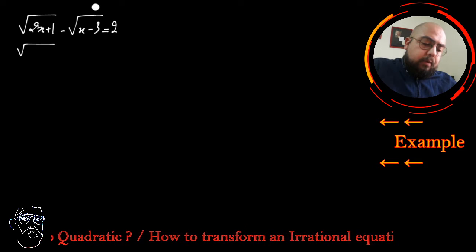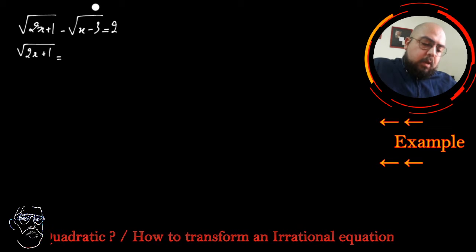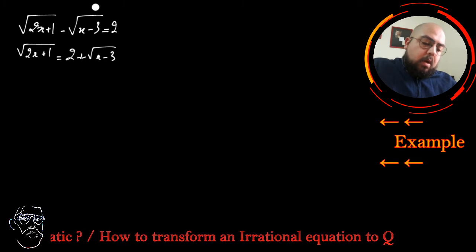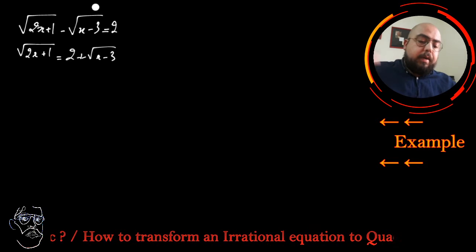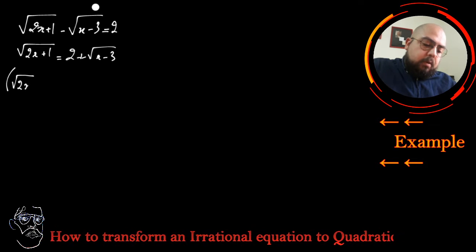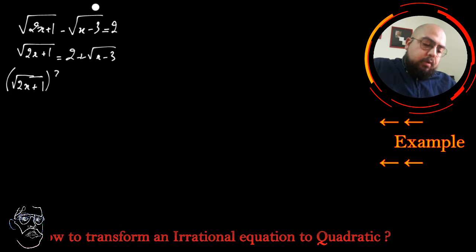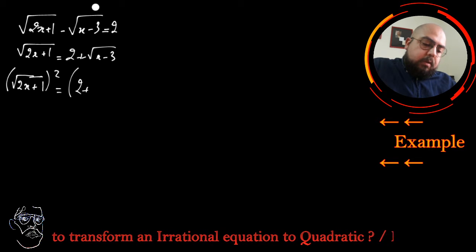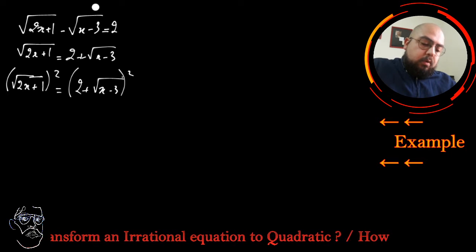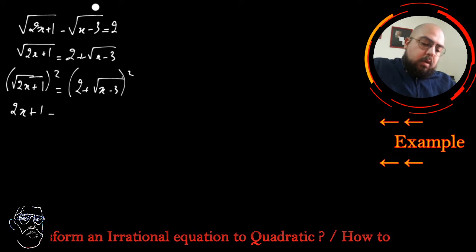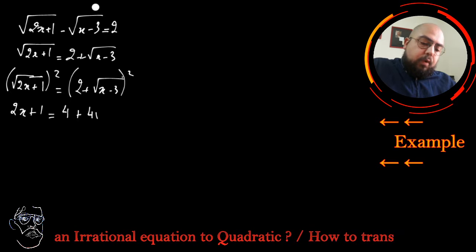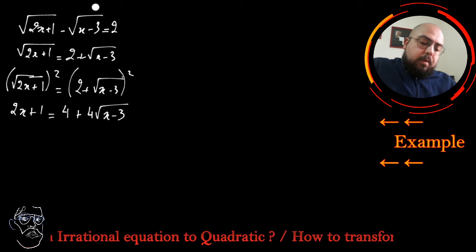So it will be the square root of 2x plus 1 is equal to 2 plus the square root of x minus 3. Of course, I'm going to take it to the second degree. So what I will obtain, (square root of 2x plus 1) to the power of 2 is equal to (2 plus the square root of x minus 3) to the power of 2. So 2x plus 1 is equal to 4 plus 4 square root of x minus 3 plus x minus 3.